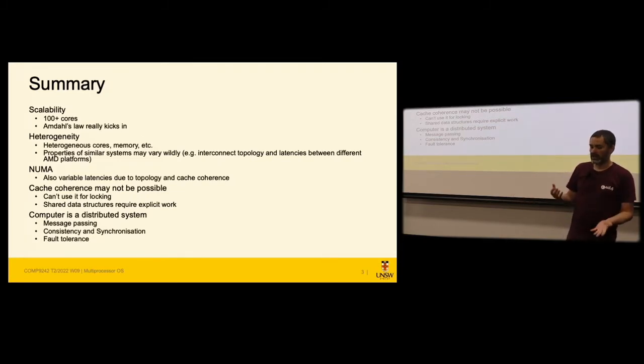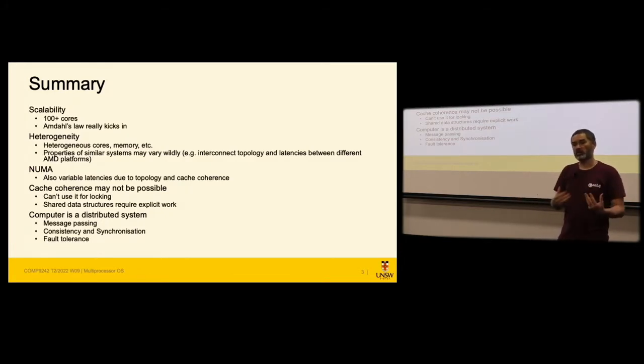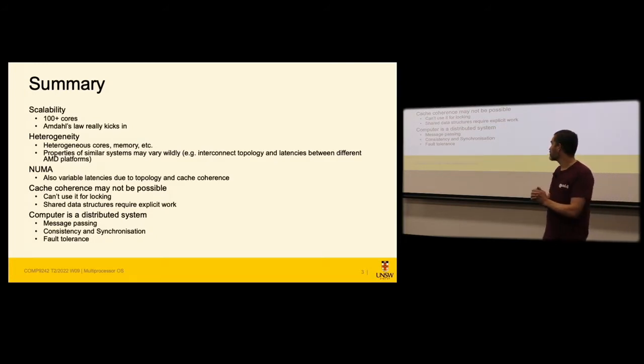So you get systems like the SCC, mostly experimental systems, where they forego cache coherency to add more cores, for example. In some systems we can't rely on shared memory for communication, but also for synchronization and locking for that matter. In some cases we may have to do it ourselves. We may have to have explicit communication and explicit synchronization for shared data structures.